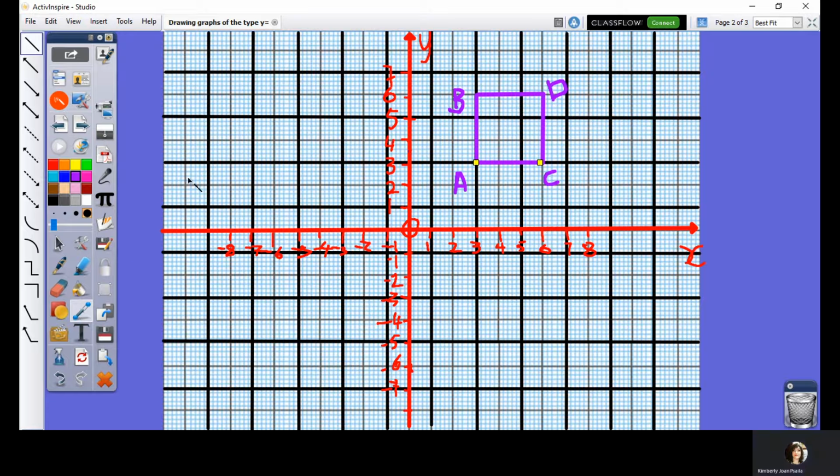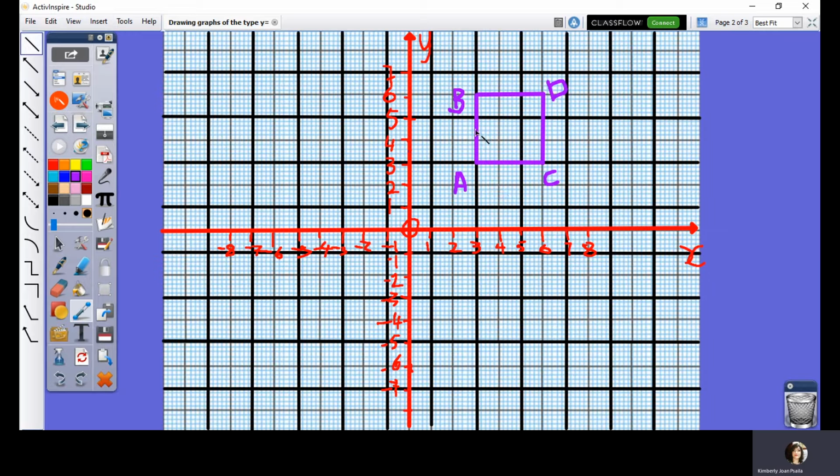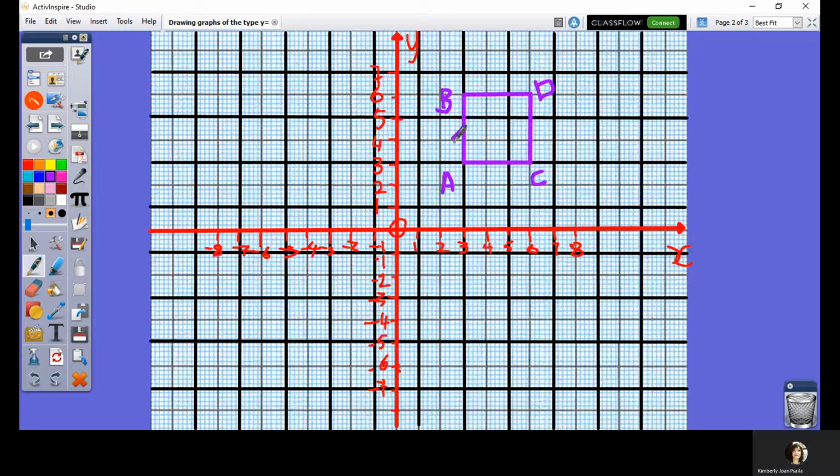Now the next question is, which side is parallel to AB? The side AB is this one. Now we have to find the side which is parallel to it. Parallel means that two sides are going up or down in the same direction. However, these two lines never meet. So parallel to AB is CD.